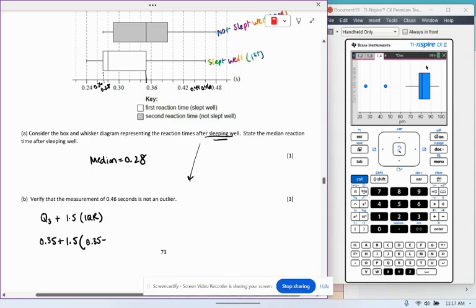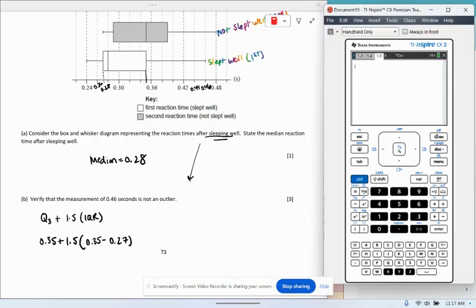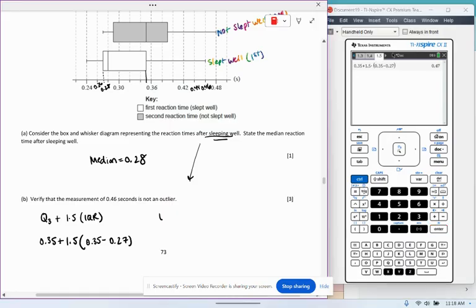Q1 is right here, so it's 0.27. Let's calculate that. Now I get 0.47. So 0.47 is my outlier cutoff.